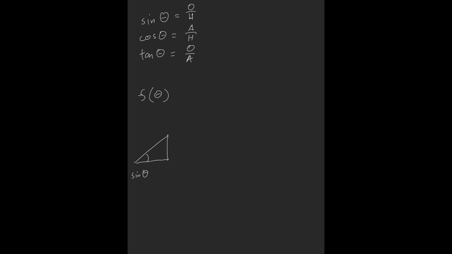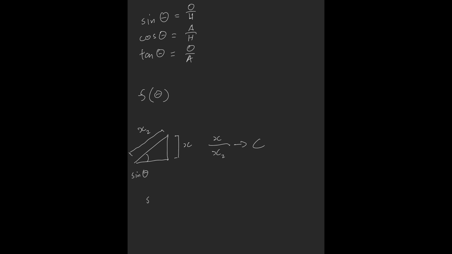Well, what sine is going to do is it's going to take the length of the opposite. I'm going to label it x, and it's going to take the length of the hypotenuse. I'm going to call that x2. And what it does is it compares them. So it takes x and divides it by x2 to yield a constant. This constant represents the magnitude of the sides compared to each other.